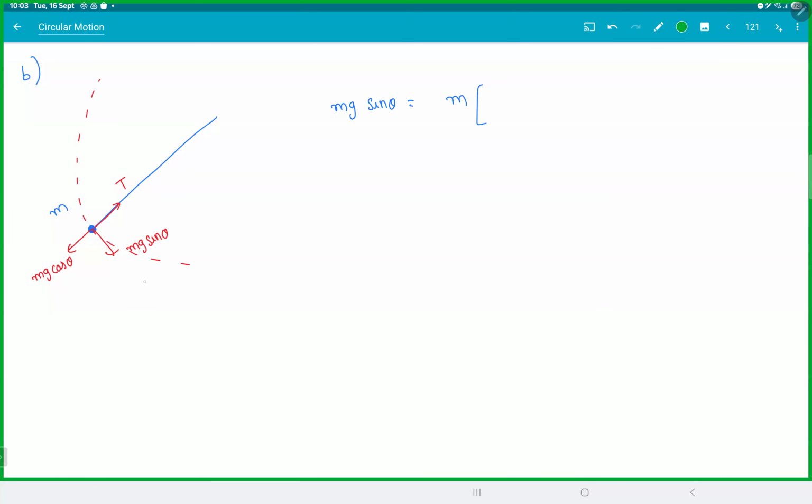Remember, the tangential acceleration has two components: R alpha plus 2 v radial omega. Generally, we used to ignore the 2 v radial omega because the length used to be constant. But now, since the string is moving, there is also a v radial. So this will be m into R alpha plus 2 v radial omega. This is the net tangential acceleration. If the radius of the circle is constant, v radial used to be 0.